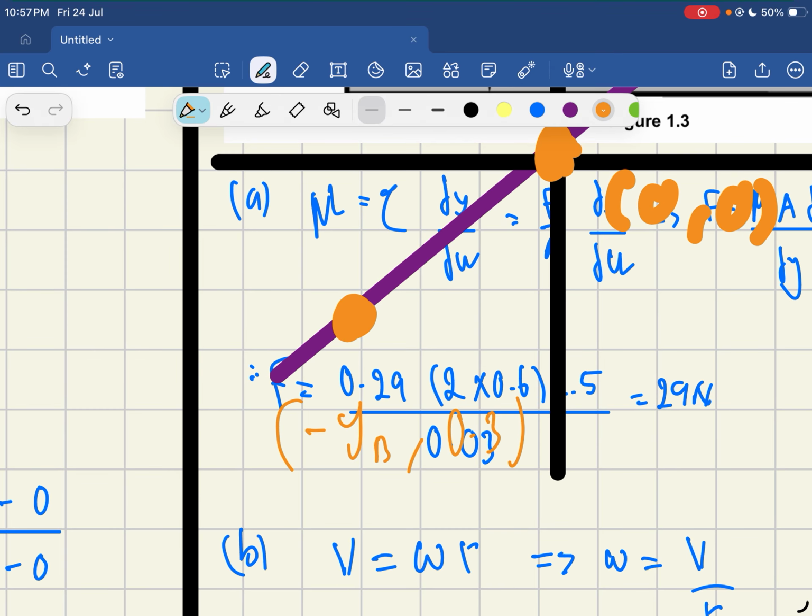So here I made a small mistake. For the second point, the x-axis value, the velocity, is negative 0.3 because it's located on the negative side, and the y-axis value will be negative yb.